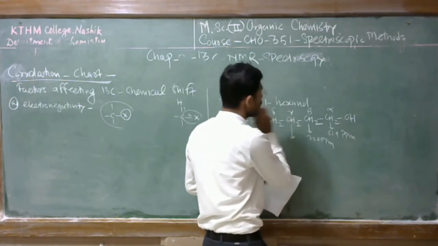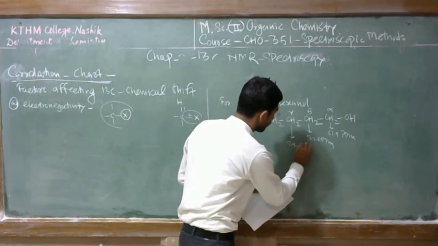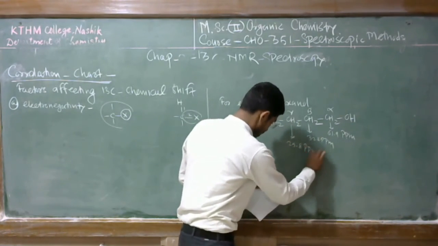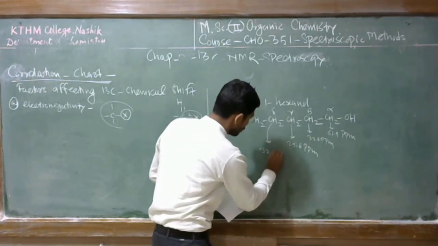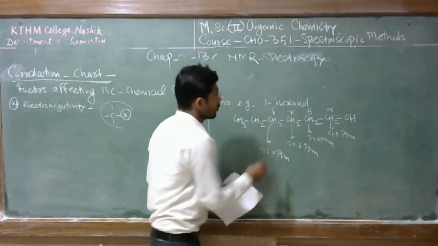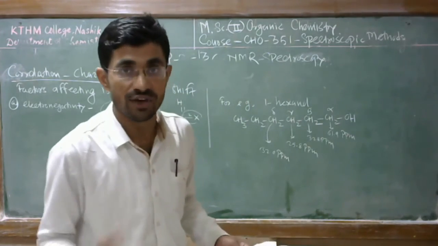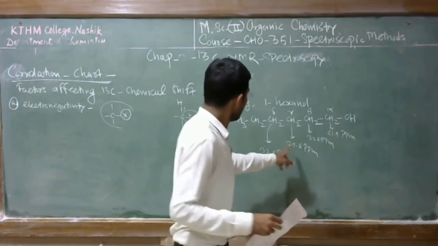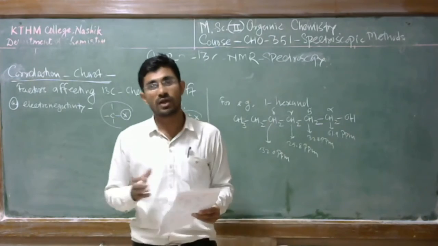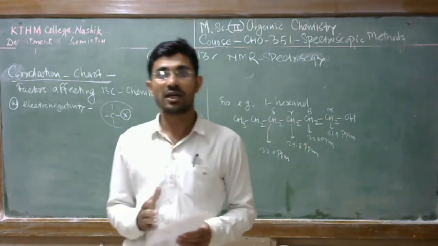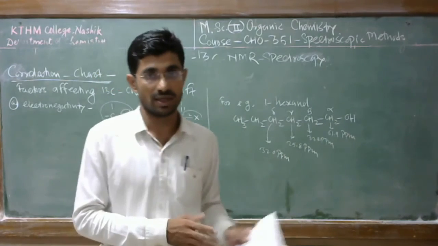But for the gamma carbon we can observe a small upfield shift, 25.8 ppm. Again for delta we can observe the value 32.0 ppm. So for the gamma carbon we can observe the small upfield shift, see here value 25.8 ppm. But in 1H NMR this effect decreases or diminishes with distance from the electronegative element.